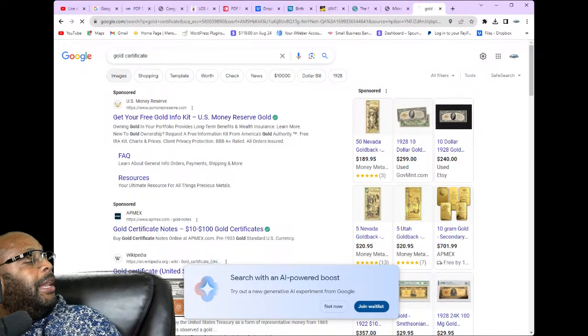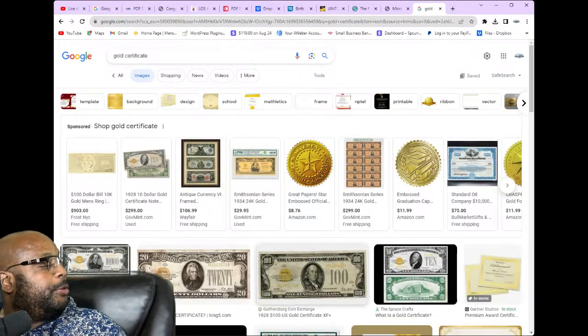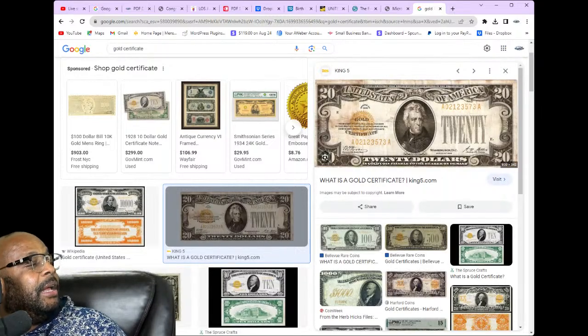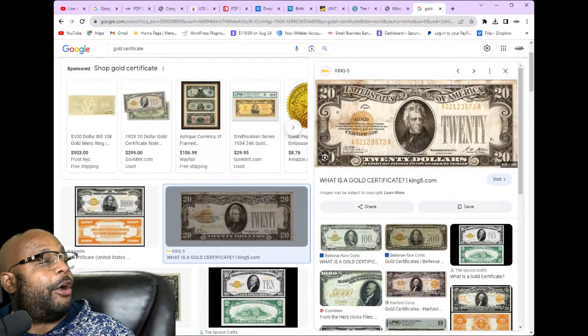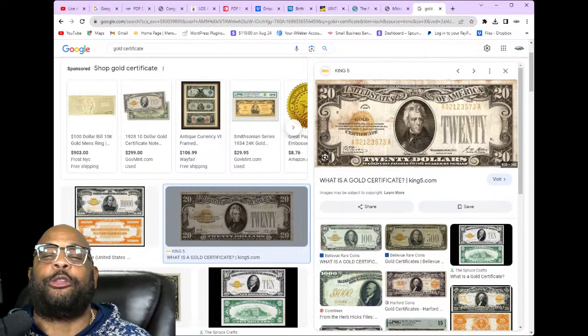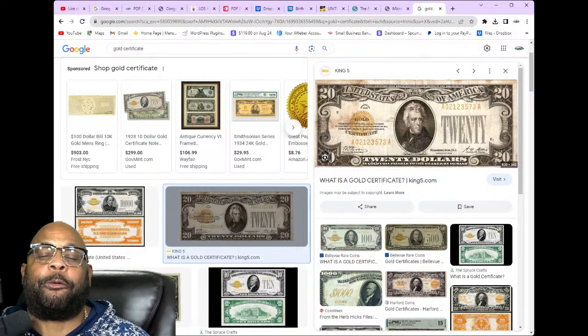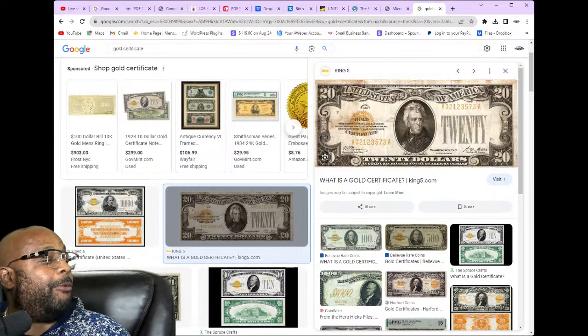If this is what your money looked like, okay, this is a gold certificate, Einstein. Okay, ain't no Federal Reserve on there nowhere. This prior to 1933. They talking about after 1933, allegedly you was bankrupt. Okay, well, this is money right here.